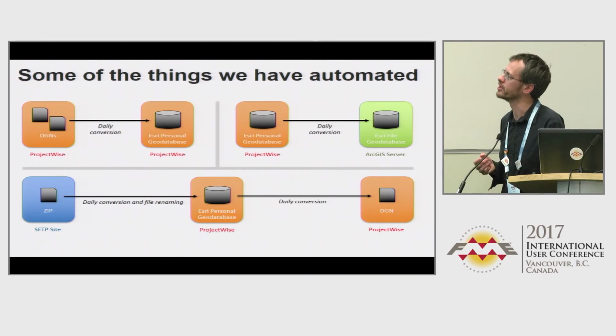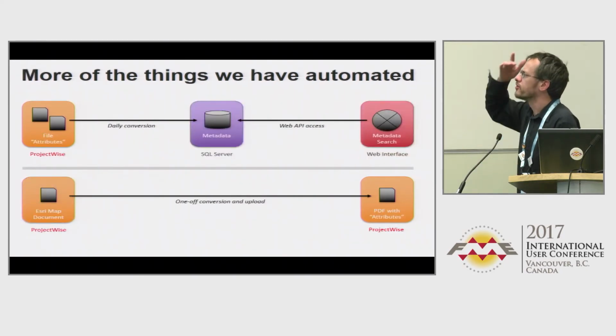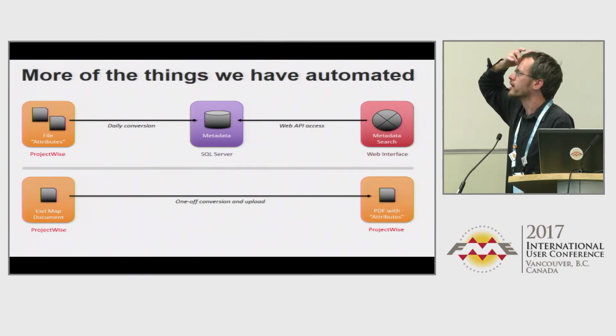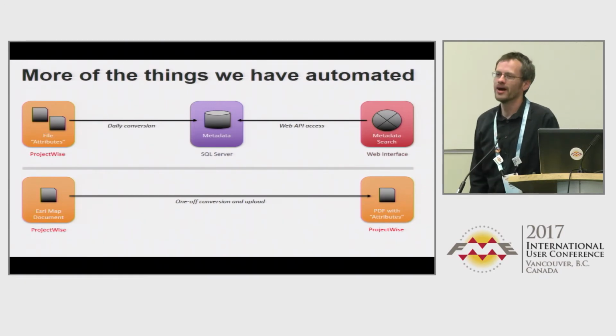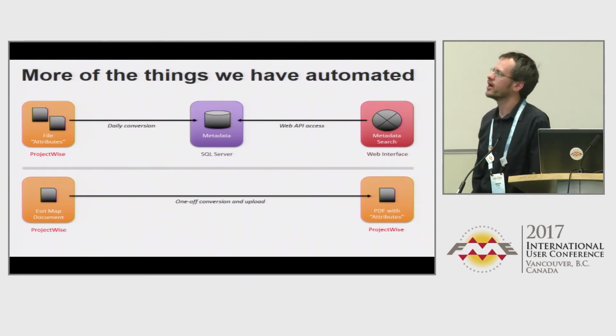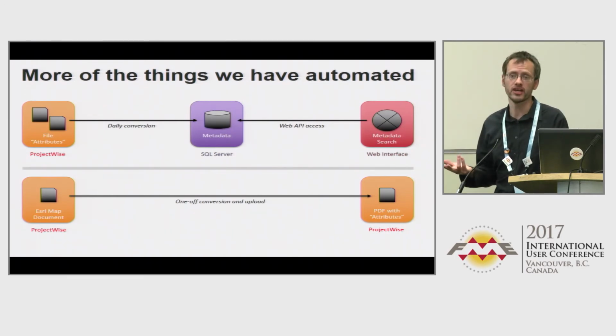And so, yeah, it really made the process a lot better. And then some of my colleagues around the world have done other things with it as well. So the top one is a really kind of clever and pretty funky process, actually, where they are able to get at what ProjectWise refers to as attributes, which to you and I, if we're GIS people, it's metadata, basically.